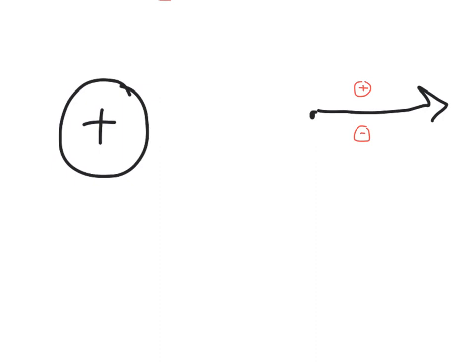In terms of fields, then, what this means is that positive charges follow field lines, meaning they follow the electric field. Negative charges, on the other hand, go against the electric field.